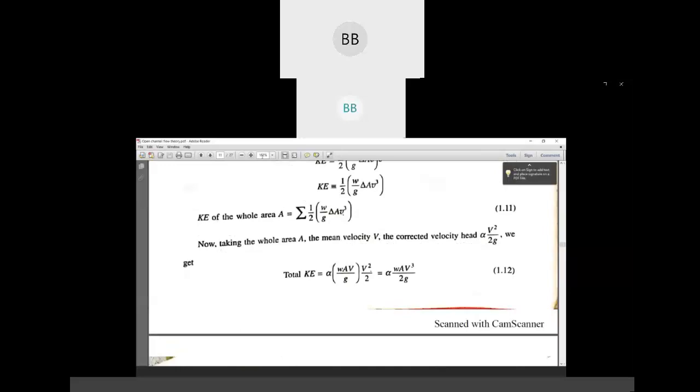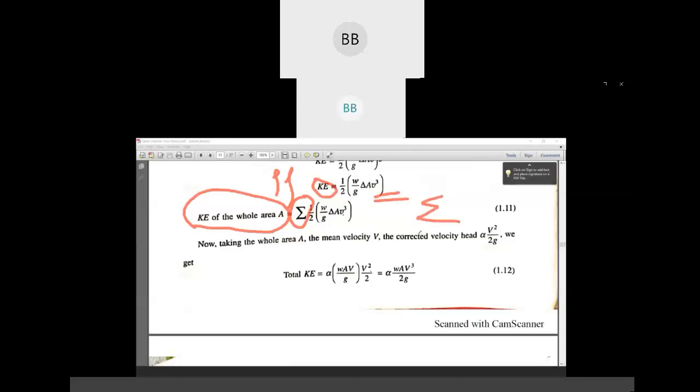That is why for the kinetic energy for the whole cross sectional area, we are going to take summation. In place of summation, you can take integration also. It's up to you. The same thing, integration is addition. Here we have calculated the kinetic energy for the particular small elementary area, and then we take summation.